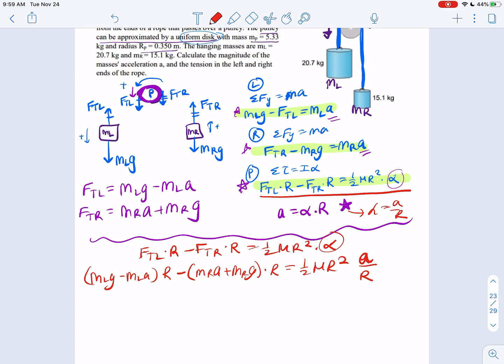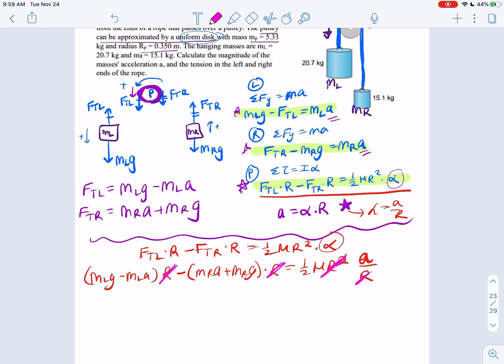Now I think acceleration is my only unknown. Everything else is a known quantity. So mathematically, to clean this up, if I cancel out that R, now every term has an R, so I can just cancel out all the R's. That's going to clean it up a little bit.